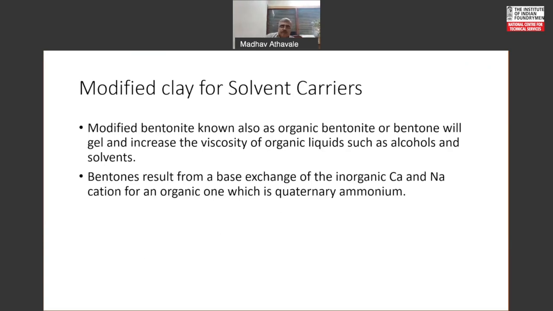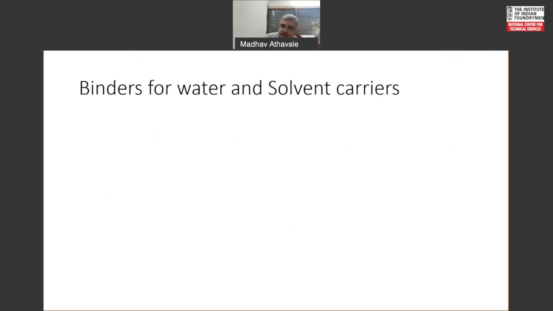Now, examples of suitable suspension agents for organic solvent carriers are hydrogenated castor oil and quaternary alkyl ammonium montmorillonite gel, which is the technical name. We call it bentones. Organo-modified clays is another terminology that is used.